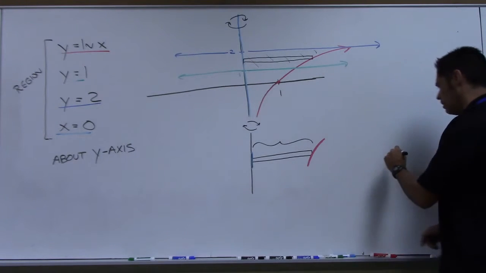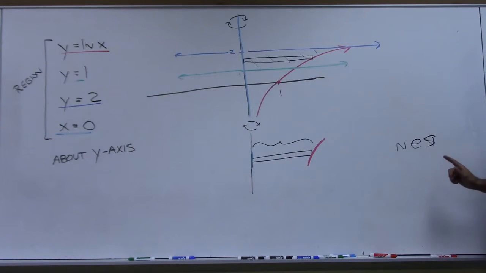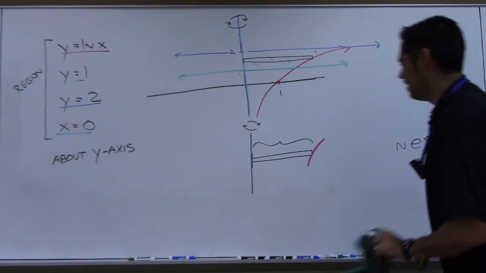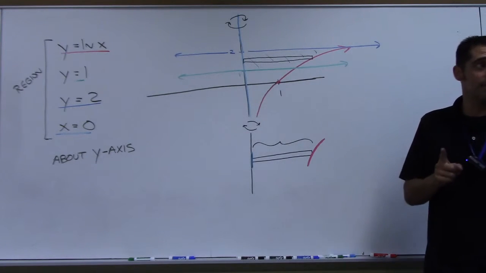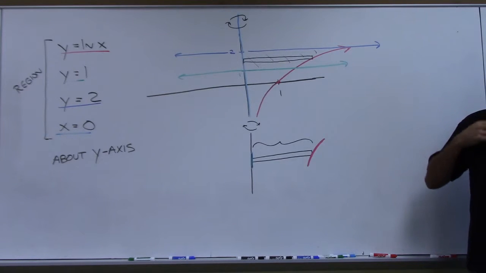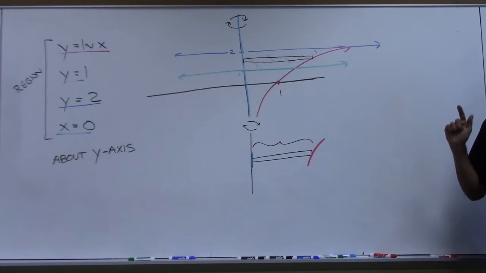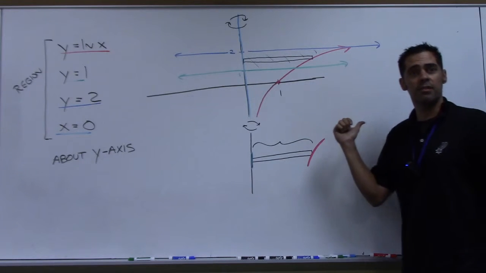Yes, which is no and yes at the same time. Natural log of x, correct. y equals natural log of x, but you can't write it that way. You've got to solve for x. You have to write it as a function of y instead of x because your rectangle is sideways.